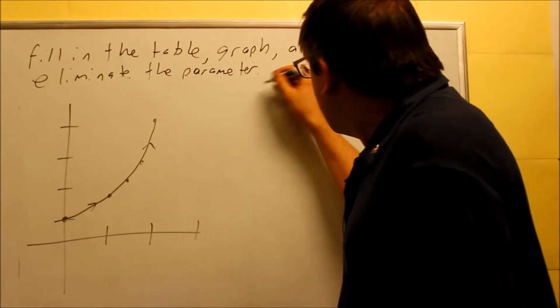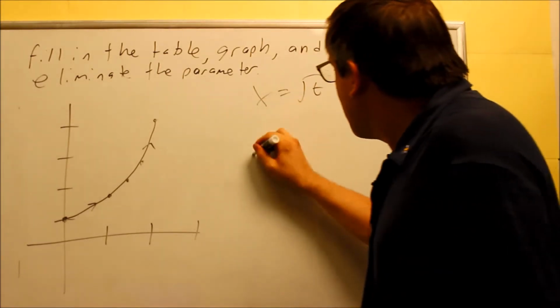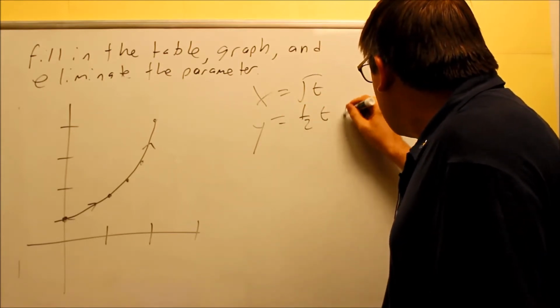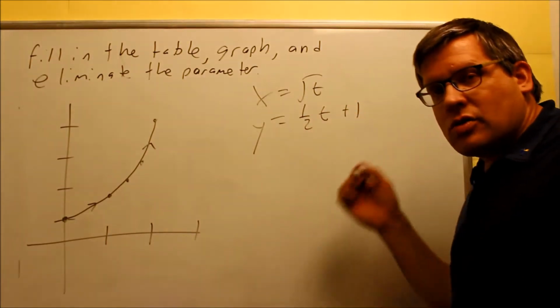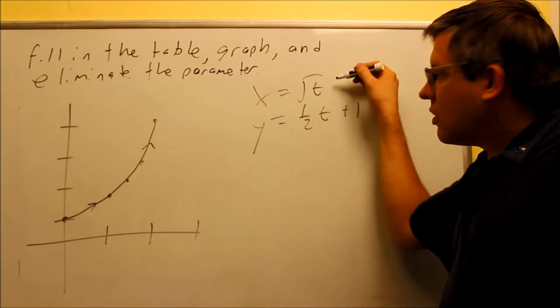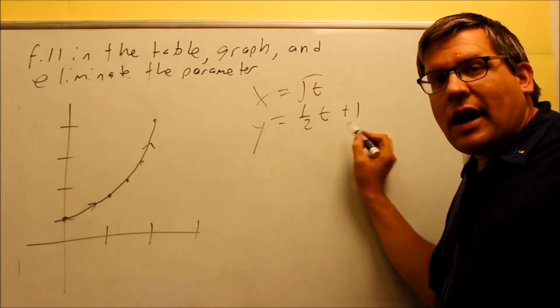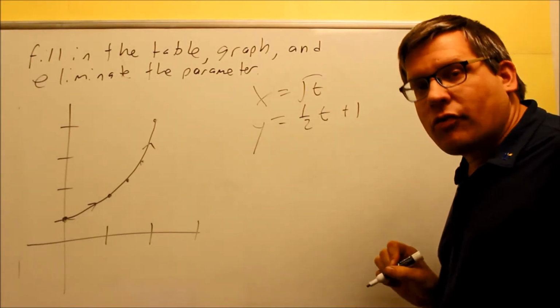Okay, so here were our two equations. x is equal to the square root of t, and y is equal to 1/2 t plus 1. Now we need to do, again, substitution is the way that you want to solve this. So I'm going to take the first one, solve it for t, put it in the second one. This one, if I solve for t, I would get some fractions involved, so it might be easier to work with the first equation.